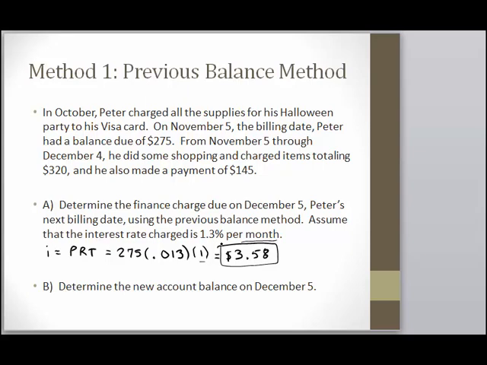Part B asks us to determine the new account balance on December 5th. So let's think about what has happened. On November 5th, he had a balance due of $275. Between November 5th and December 4th, he charged an additional $320.